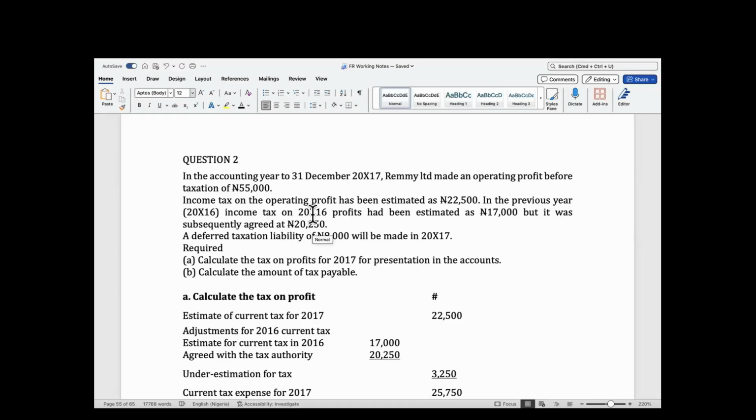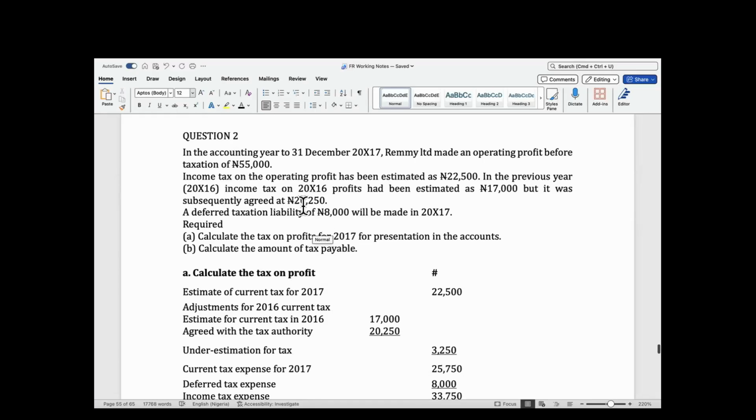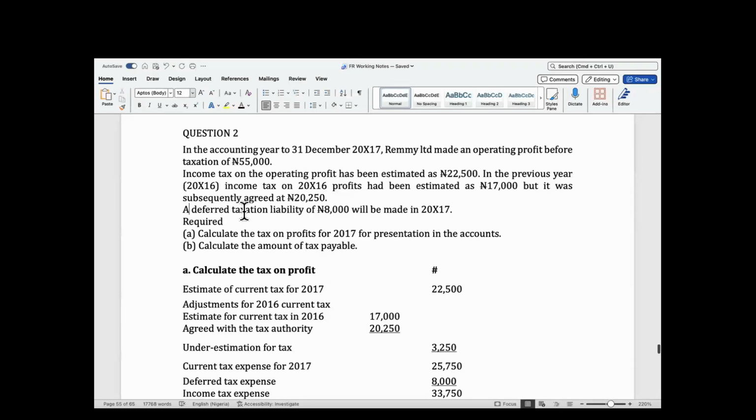I explained the major principles. So when they gave us deferred tax liability for the year, the double entry by default for the year is debit P&L and credit liability. Since they didn't give me any other information, I don't want to bring in what I've not mentioned.